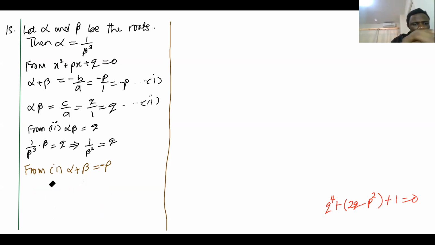Let's just substitute first. So if alpha is 1 over beta cube, I have 1 over beta cube plus beta equals negative p. And this is going to be beta raised to power 4, which really doesn't make any sense.